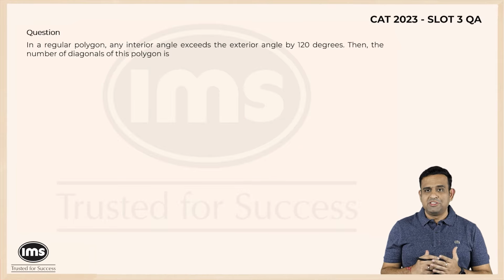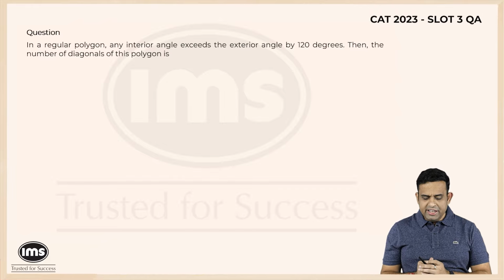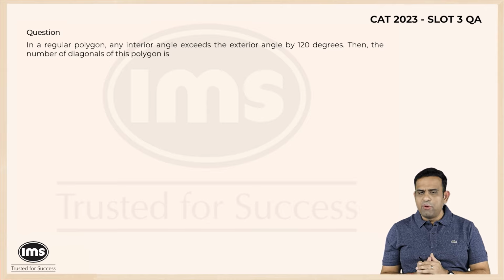In the next sum, a straightforward one, it says that in a regular polygon, any interior angle exceeds the exterior one by 120 degrees. Then the number of diagonals in the polygon is how much?